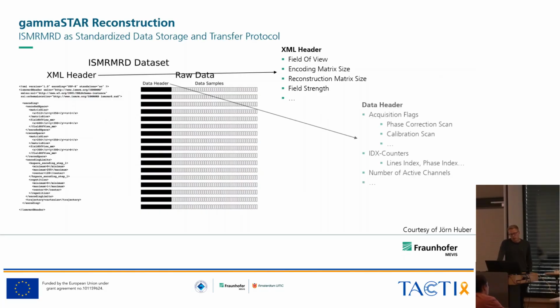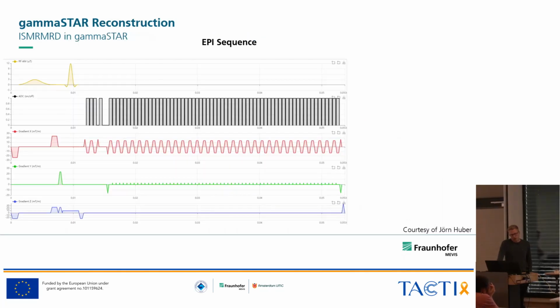And you also have raw data samples, which come with individual data headers. This basically encodes different flags, like to which line in K-space this sample of raw data belongs, how many channels were active and stuff like that. And then you have the data samples, which is basically complex numbers, so the actual data of your experiment.